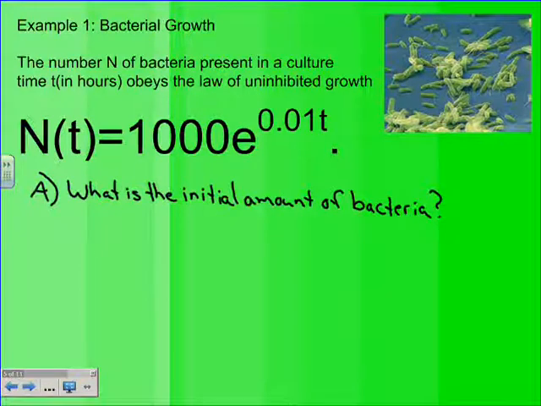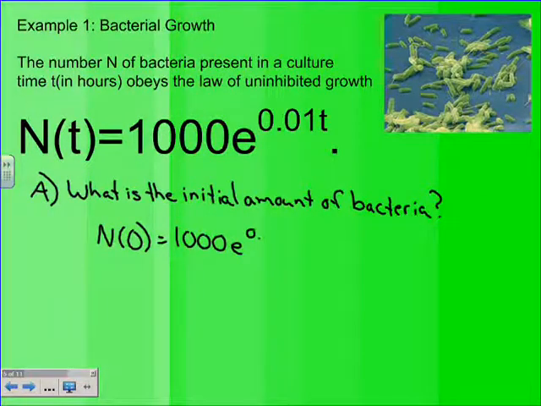So we're just going to look at n of 0 is going to equal 1,000 times e to the 0.01 times 0 power. It would just be 1, because e to the 0 just becomes 1, so it is 1,000.